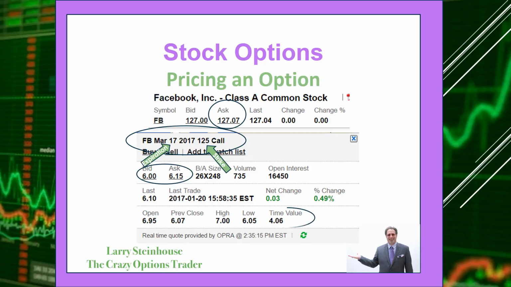There's something else here, remember? See, time value. Remember we talked about time value? That's what's important. How much time value are you paying for this? Now watch how the price of the option is calculated. It's very easy.